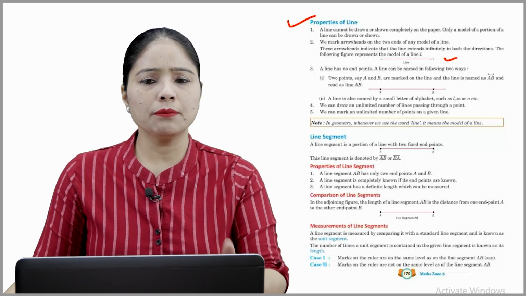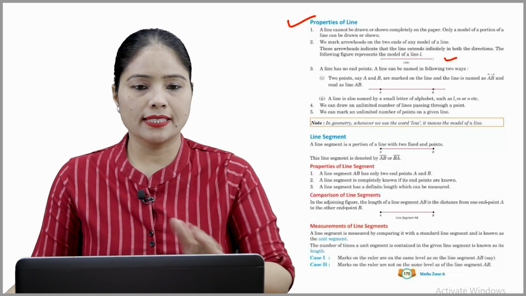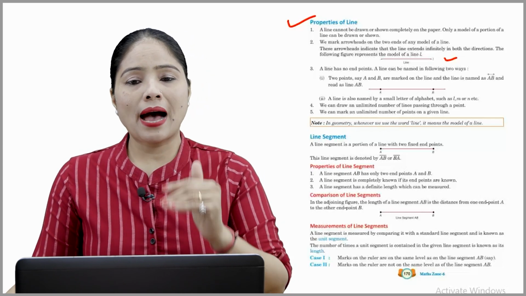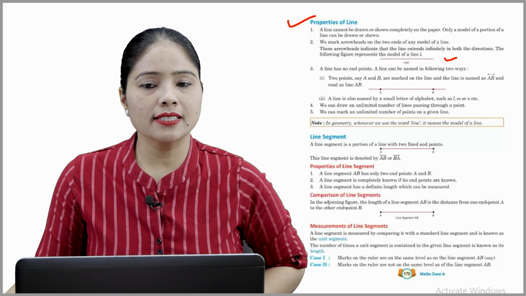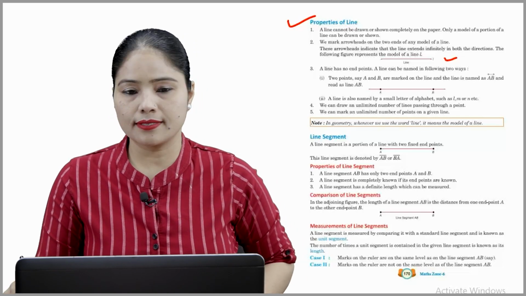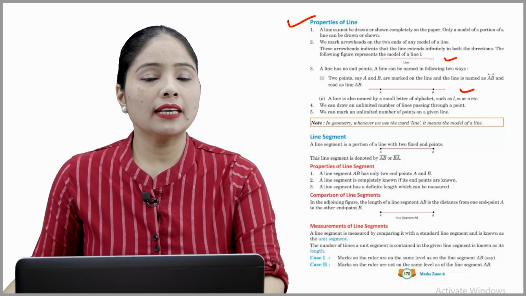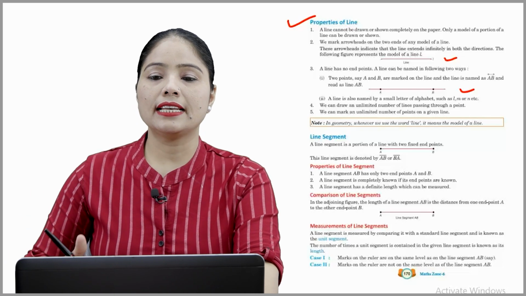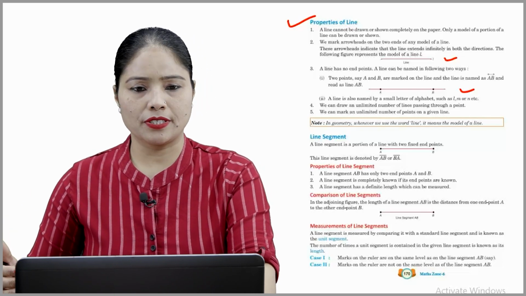Third, a line has no endpoints. A line can be named in the following two ways. First, two points, say A and B, are marked on the line and the line is named AB and read as line AB, like this. Second, a line is also named by a small letter of the alphabet such as l, m or n, etc., beta.